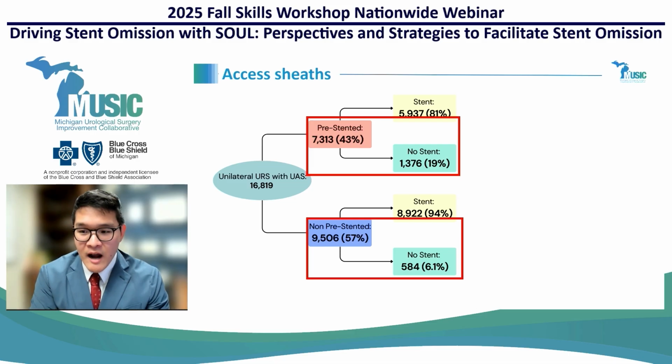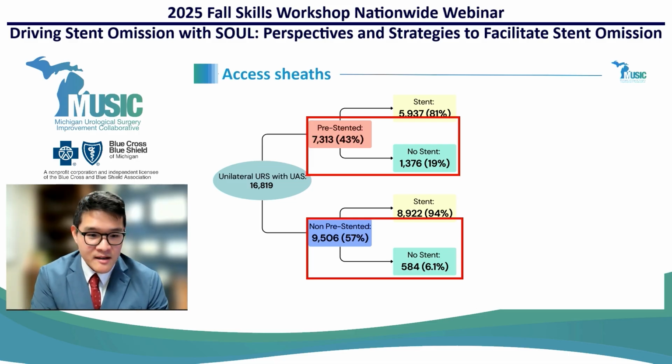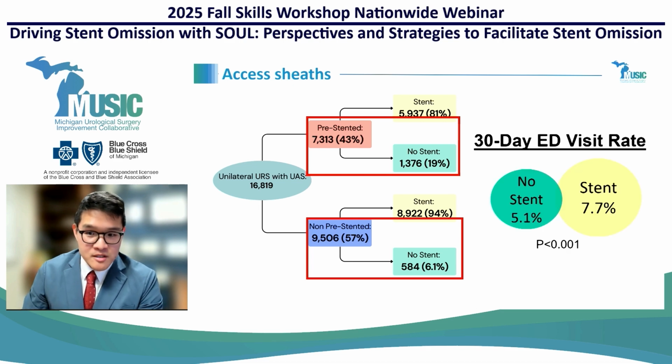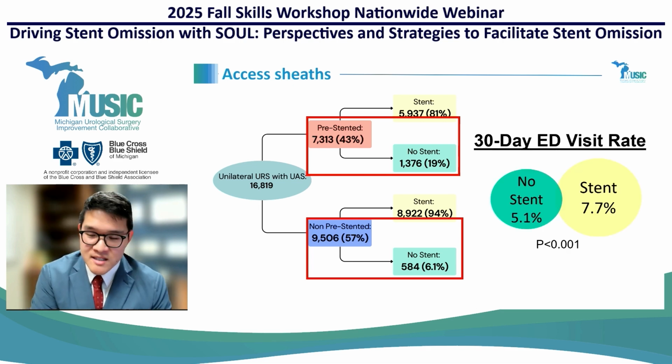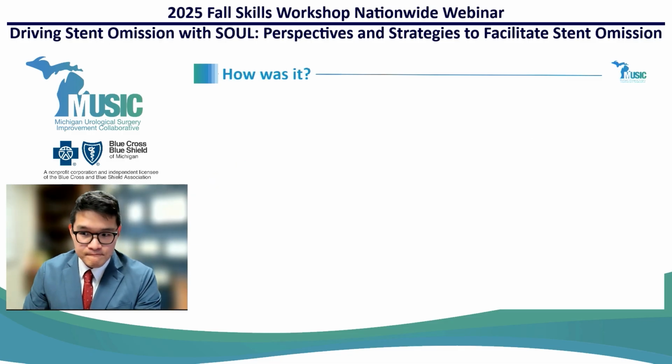And then in the non-pre-stented patients, there's a minority, and this is probably consistent with most people's practices, who don't get a stent afterwards. But again, we still find that people who don't get a stent tend to come back to the ED at a lower risk than the people who do get a stent.